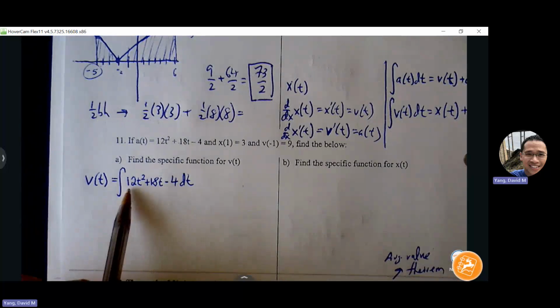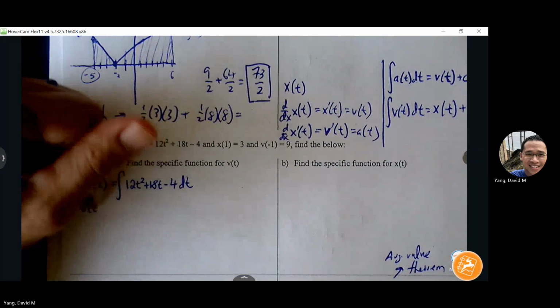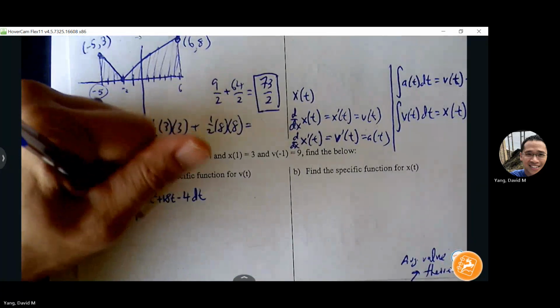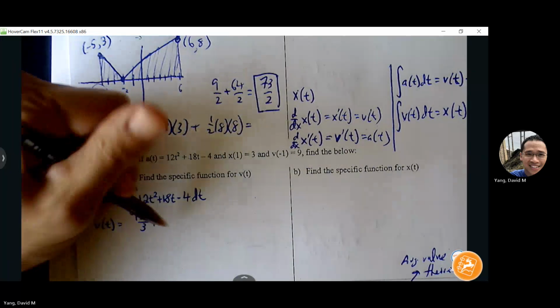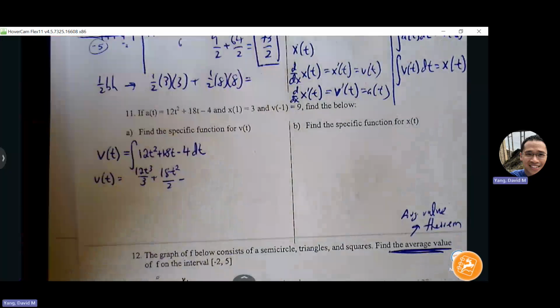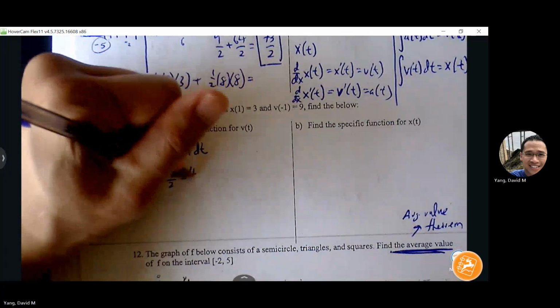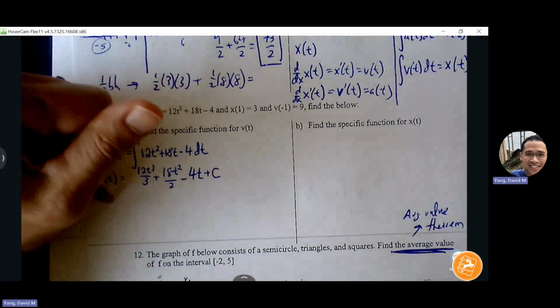Okay, so we go through power rule. What does 4 become? Plus c.